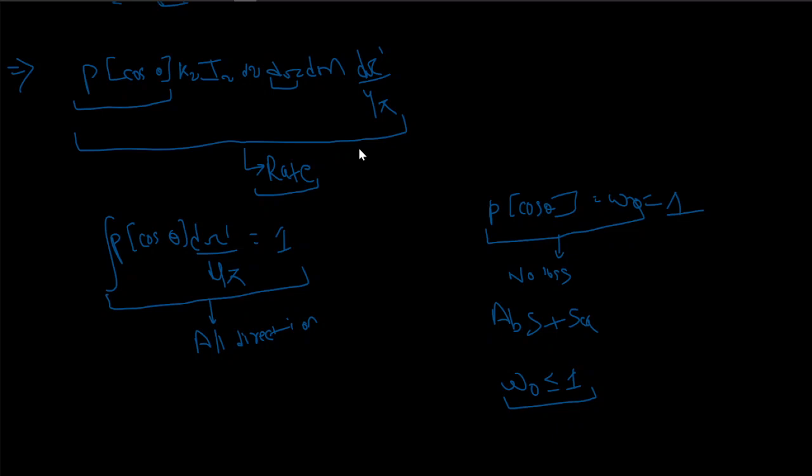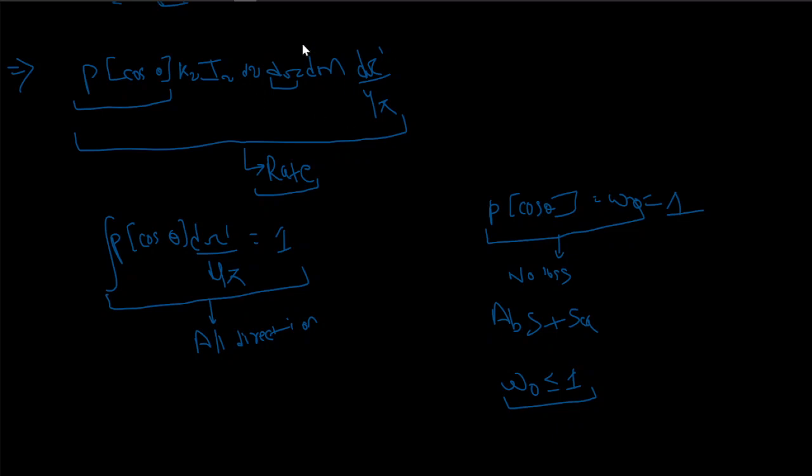It is like there is no loss of energy, like the conservation of energy law in dynamic systems, where there is no loss of energy and omega naught equals 1. But you have to remember that this equality does not hold when you are discussing true absorption plus true scattering, meaning the combination of absorption and scattering of the radiation.